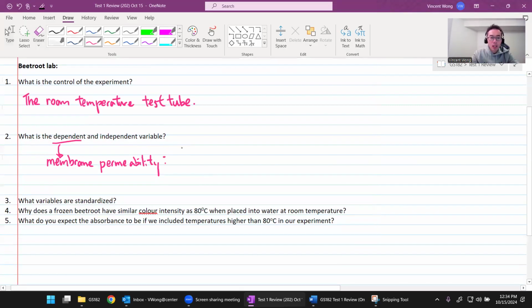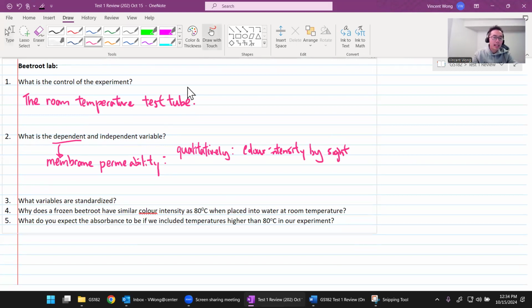We did it qualitatively, which is just based on the color intensity. You're just looking at the color difference. You're not doing any kind of numeric measurements, and then you measure it quantitatively.